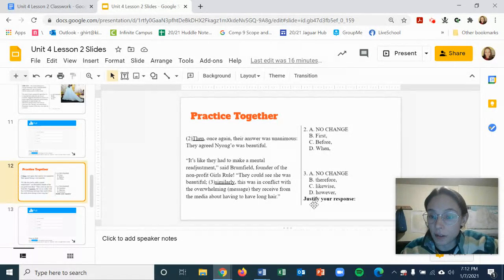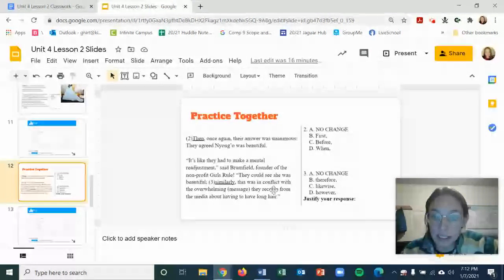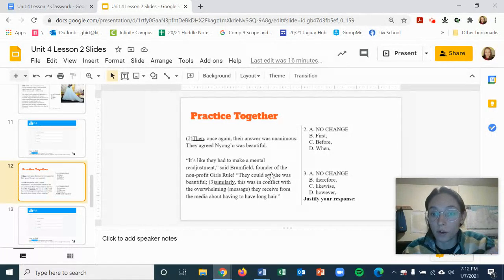To justify the response, we would say these are contrasting ideas, right? They could see she was beautiful. However, this was in conflict with the message that they had absorbed throughout their lives. So conflicting, contrasting ideas. We have that clue word, in conflict, that shows that we are contrasting ideas.